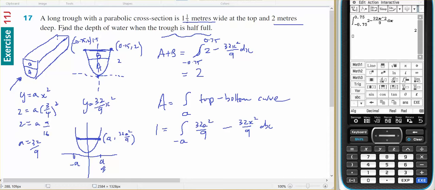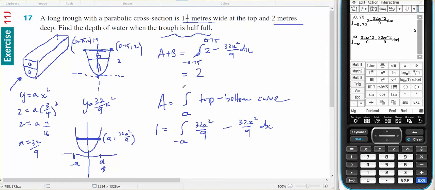So I've entered that in my calculator. I've gone from negative a, which is over here, through until a.